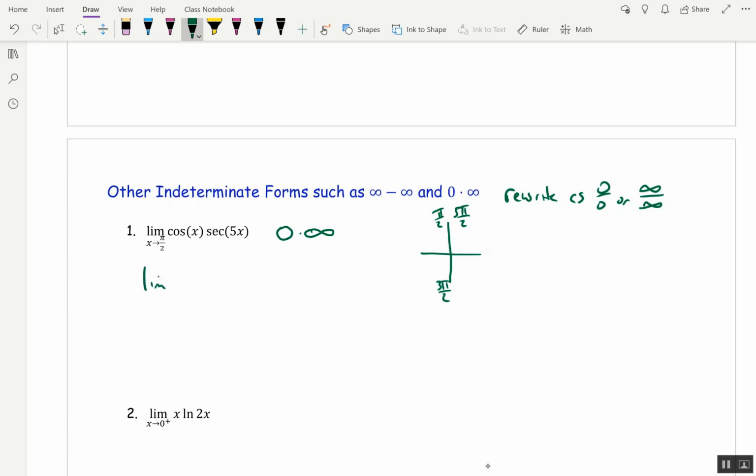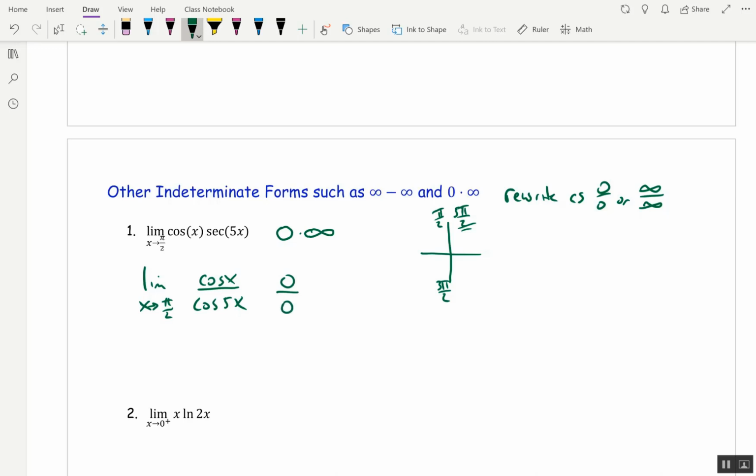I'm not using any rules or anything, just rewriting secant. So it's the limit as x goes to pi over 2 of cos x over cos 5x. Now as x goes to pi over 2, I get cosine of pi over 2, which is 0. Cosine of 5 pi over 2, remember where 5 pi over 2 is, it's up there, 0 over 0.